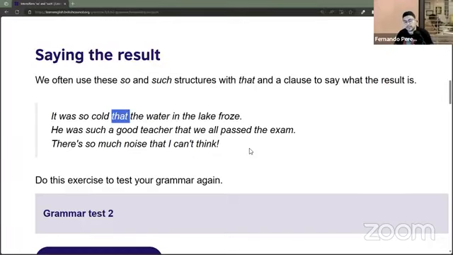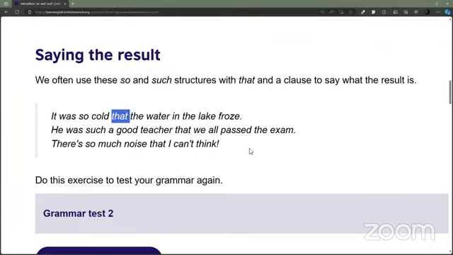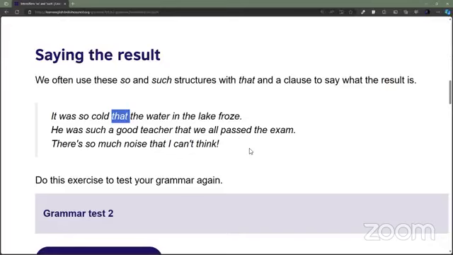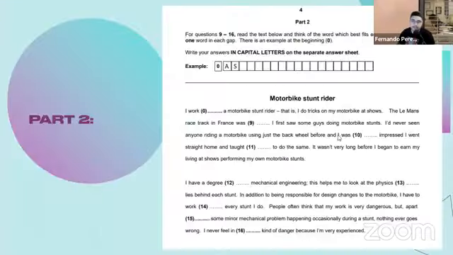Do you understand this? Yes, but I think I'm so used to that word that if I don't see it, it sounds weird to me. That's the reason we need to start thinking in structures and groups of words. Because if you always say that, it sounds super repetitive. Look at this.